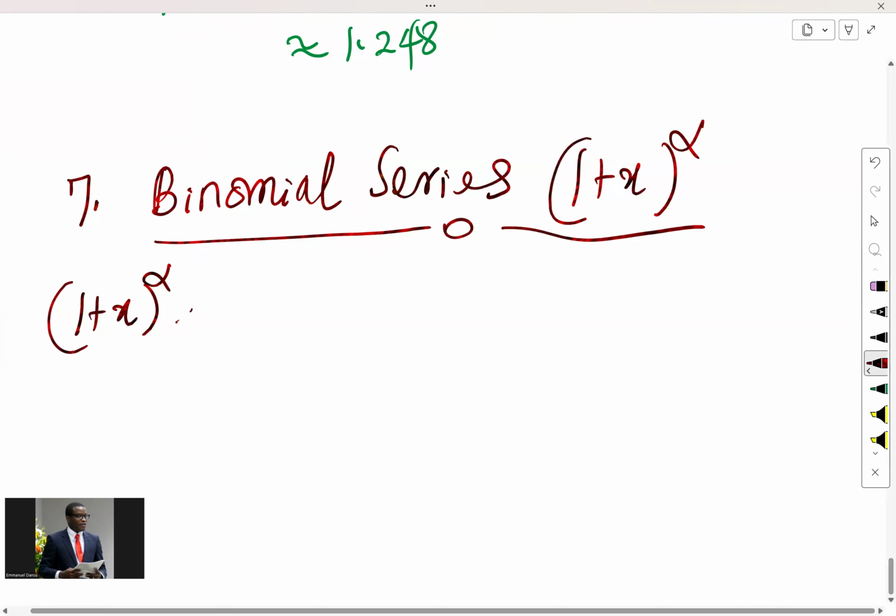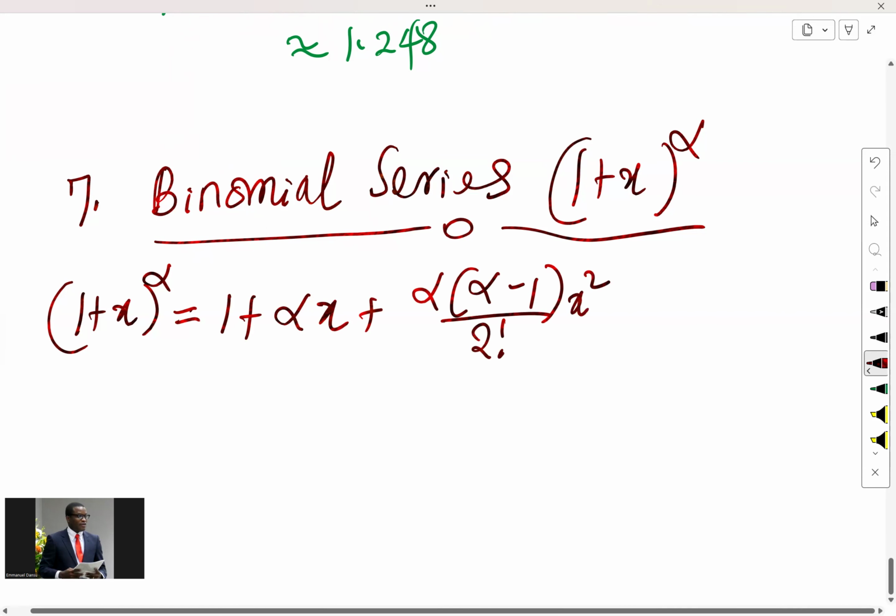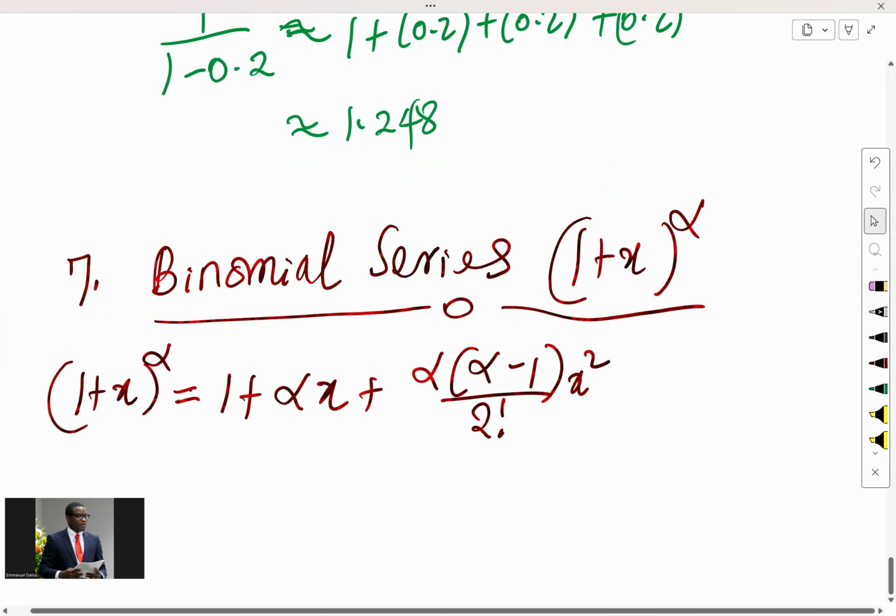At the end of the day, when you tidy things up, you get 1 plus alpha x plus alpha into alpha minus 1 all over 2 factorial, of course, multiplied by x squared, then plus alpha into alpha minus 1 into alpha minus 2 all over 3 factorial x raised to power 3. So exactly the same process I described earlier.